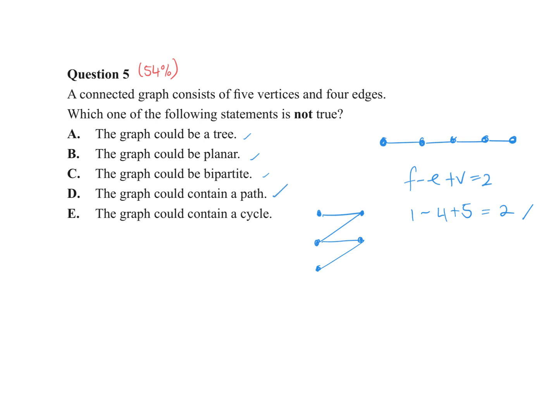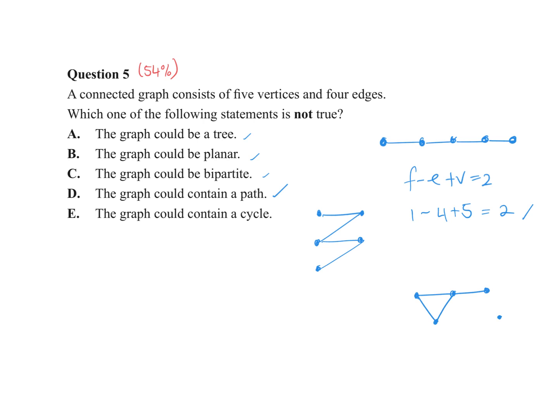Yes, that's okay. And the graph can contain a cycle. Now, remember, it's got to be connected. So if I draw a cycle, 1, 2, 3, 4, and then if I have another vertex, 5, but I've already used 4 edges, I can't do that.